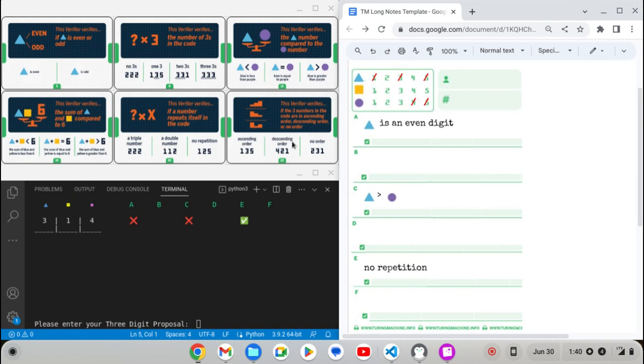So let's see. I think we could eliminate, this is interesting, ascending order, because if triangle were 4, then square would have to be 5, but then there's nothing left for circle. And even with triangle as 2, if it's ascending, it would have to be 3 and then nothing else.